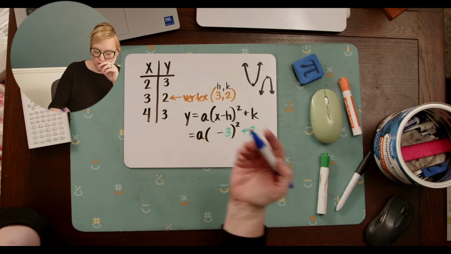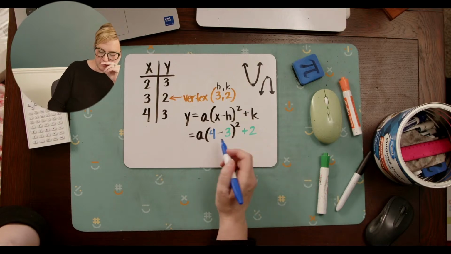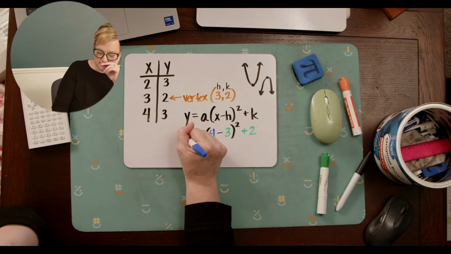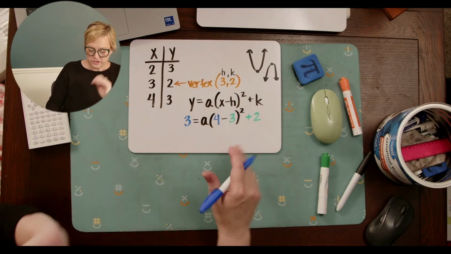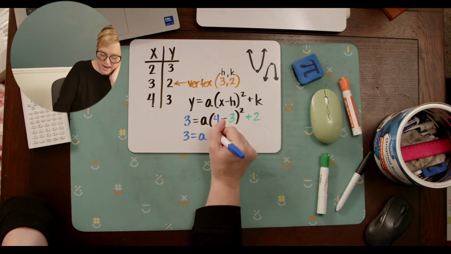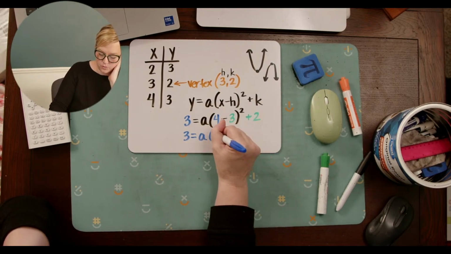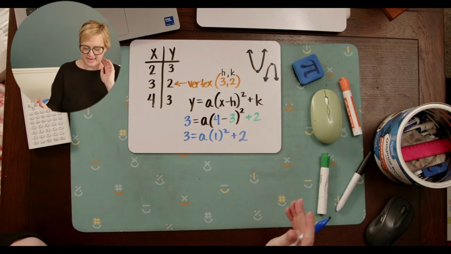But let's use 4 and 3. Let's do 4 here, because 4 is x and 3 is y. So now I've got 3 equals A times 4 minus 3, which is 1, squared plus 2. Ooh, this actually is going to work out okay.